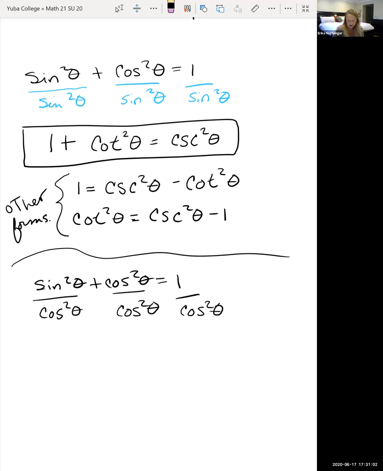So sine squared theta over cosine squared theta, that is actually tangent squared theta, plus cosine squared theta divided by cosine squared theta is 1, is equal to 1 over cosine squared theta. Well, it starts with C on the bottom, so it has to be the S, secant squared theta.